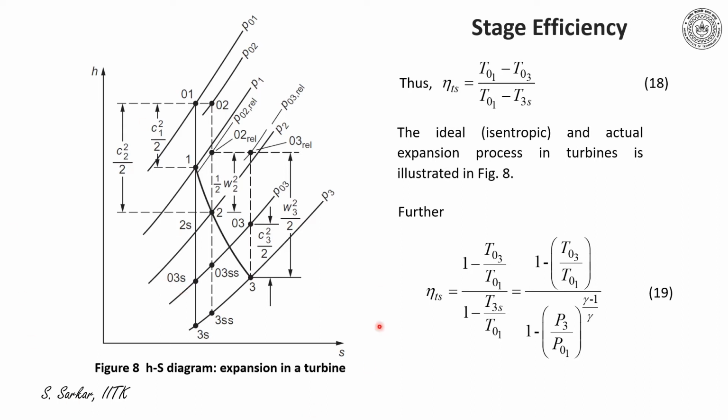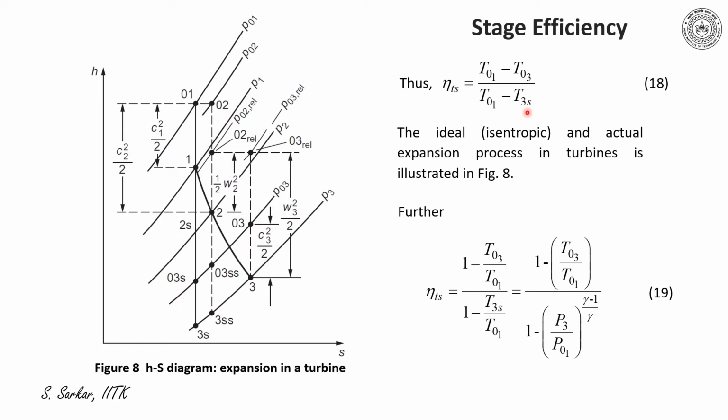Now considering this h-s diagram and different pressure lines along with the state points, I can define eta Ts, which is the total to static efficiency, as (T01 minus T03) divided by (T01 minus T3S).